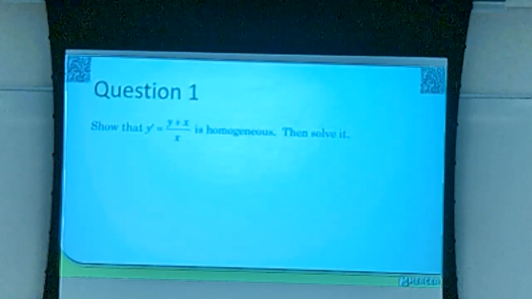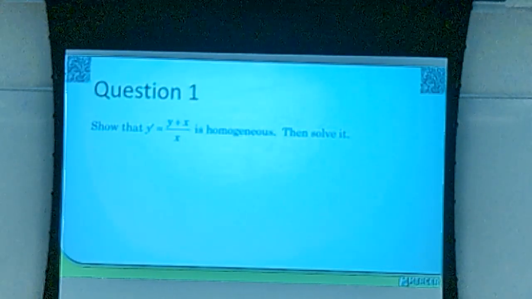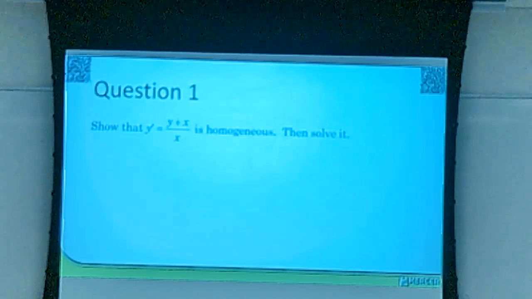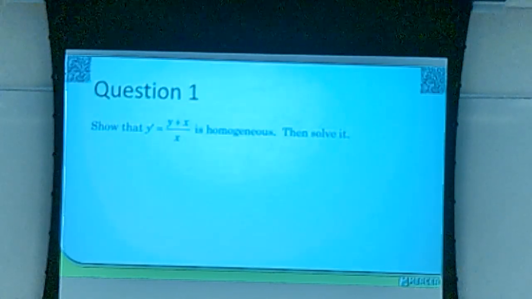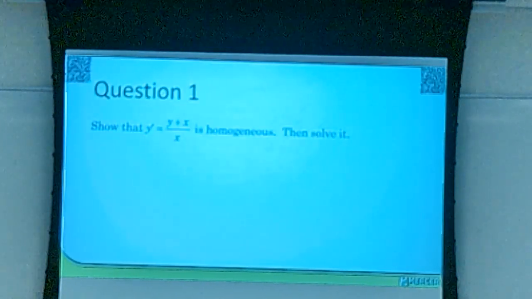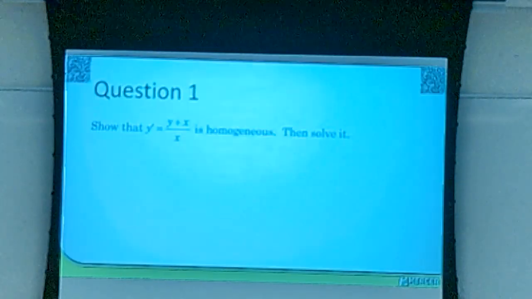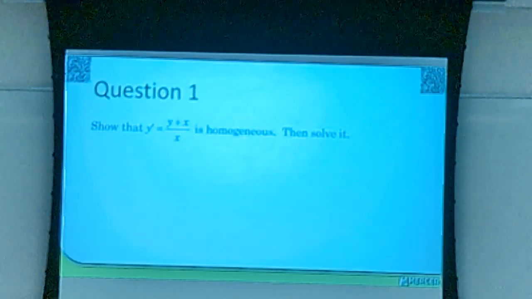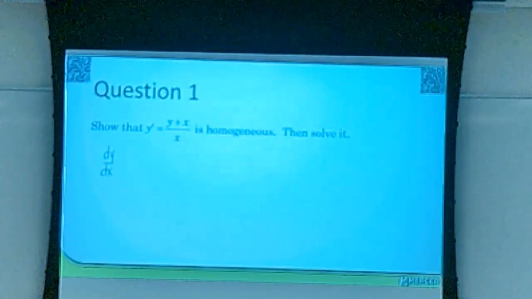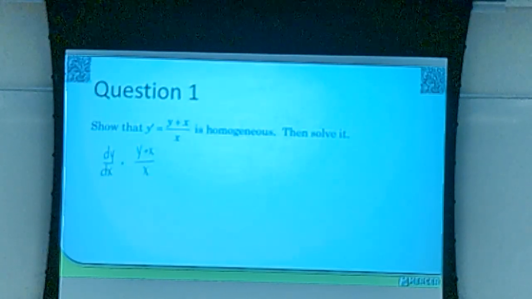Show homogeneous and then solve. Again, remember y prime is the same as dy/dx.